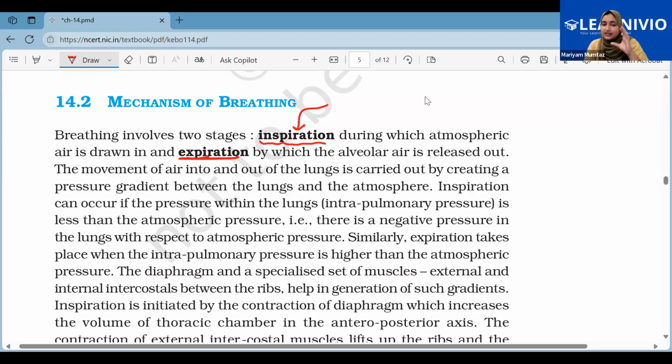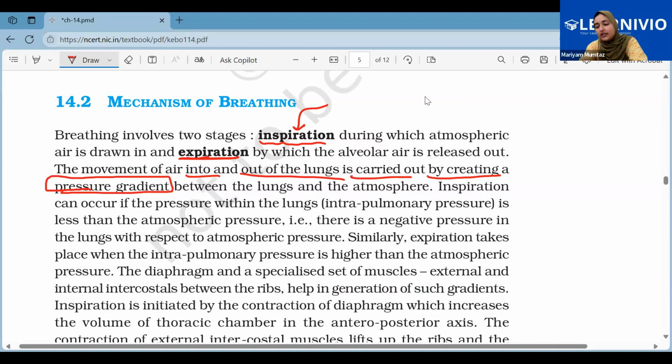Now comes the main part, the part where you people have to pay very big attention. See, the movement of air into and out of the lungs is carried out by creating a pressure gradient. First of all, can anyone tell me what is the meaning of gradient?